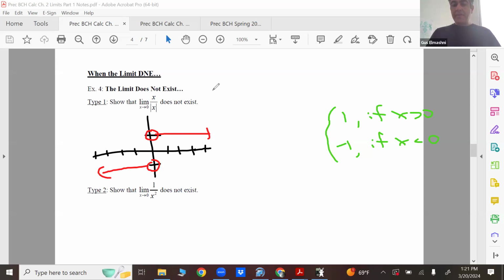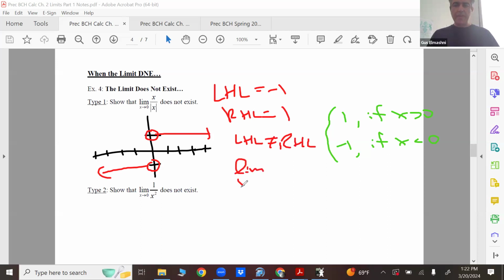So here's the deal. What's the left-hand limit going to be? -1. What's the right-hand limit? They don't equal each other. Hence, the limit as x approaches 0 of f of x does not exist.